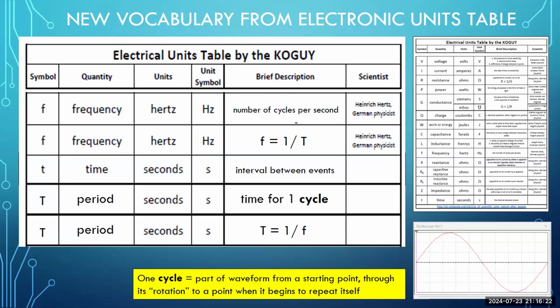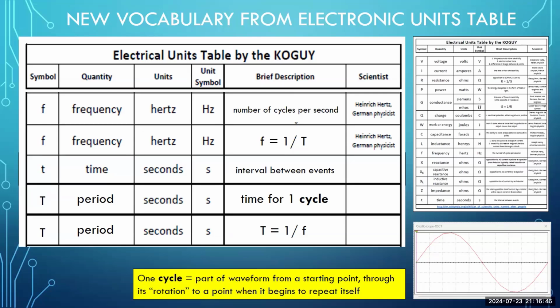We talked about period in the previous slide. Period is the time for one cycle, and it's measured in units of seconds. So frequency and period have a reciprocal relationship to each other. If you know one, you can calculate the other, simply by inverting it.